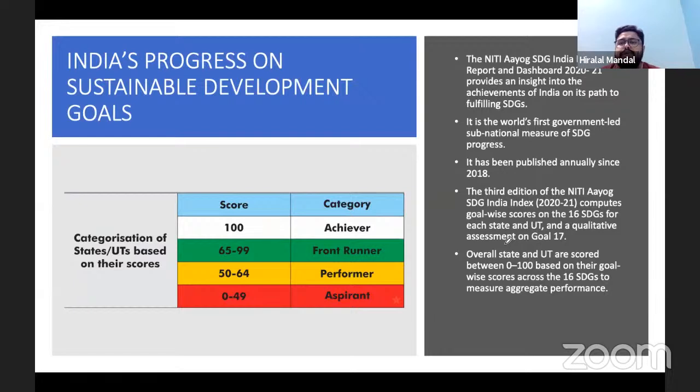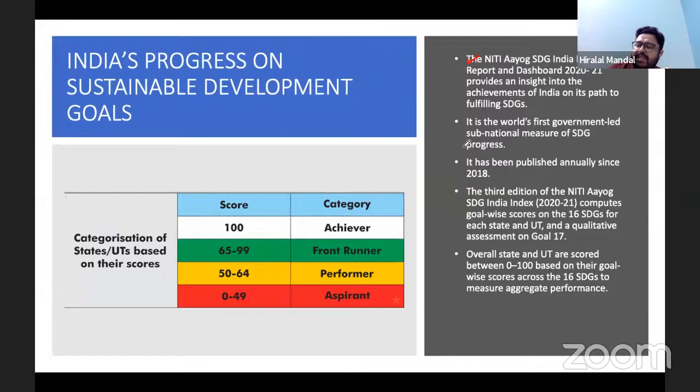In order to carry out the sustainable development goals and track the performance of the country, Niti Aayog has developed a dashboard, and in fact, it is also ranking the states on the basis of their achievement with respect to the sustainable development goals. You can see on the screen that it has developed the dashboard. It gives ranking to the states on the basis of their performance. There are various indexes.